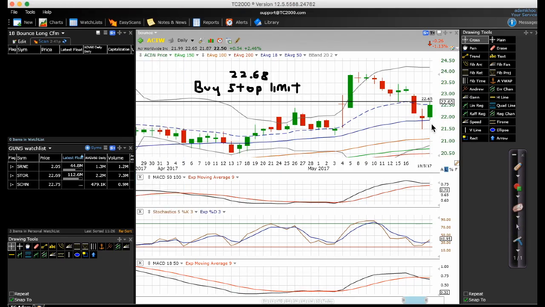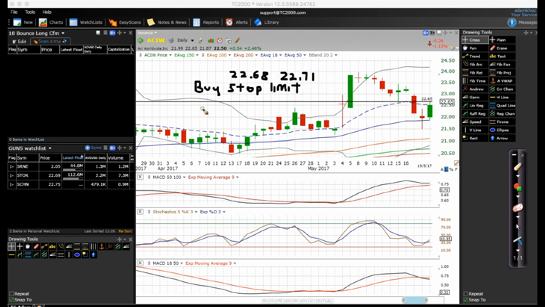What it means is that if the price goes to 22.68, it would trigger the buy order and you'll buy at the market price. But I would have to put a limit of 3 cents above my intended entry price. So 22.68 plus 3 cents is 22.71. That is the limit. So I will not buy anything above that price. Okay, so that's my entry price over there.